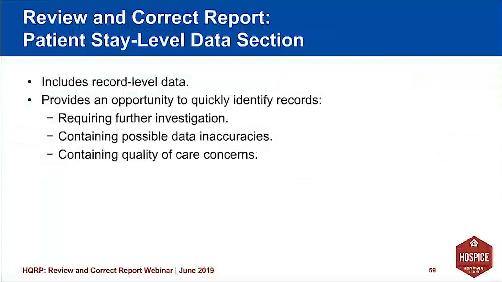Moving on to the patient stay level data section, this includes record level data. It really provides your hospice an opportunity to quickly identify specific records, either records requiring further investigation, records that contain possible inaccuracies, or possibly quality of care concerns.